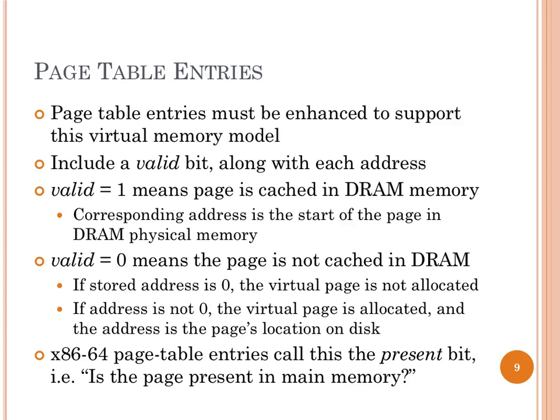So for example, Linux will use the remaining bits to say, this is the swap device, and this is the location on the swap device where this data is actually stored. So you have a lot of different ways you could actually use the remaining bits in that page table entry to say, yeah, this is valid, I just don't have it in memory, I have it somewhere on a swap device. Okay, any questions? Make sense?